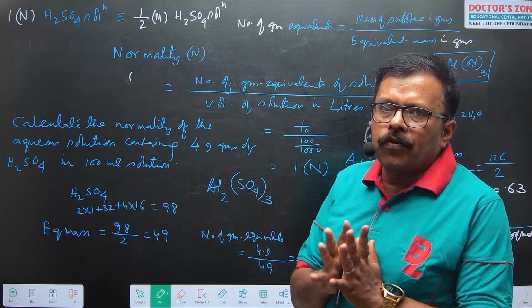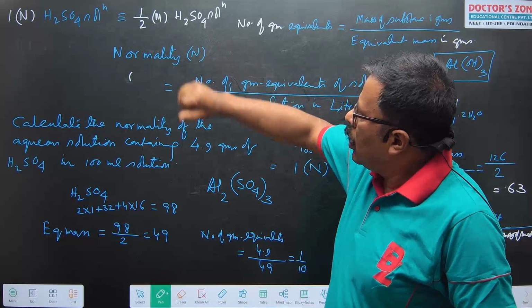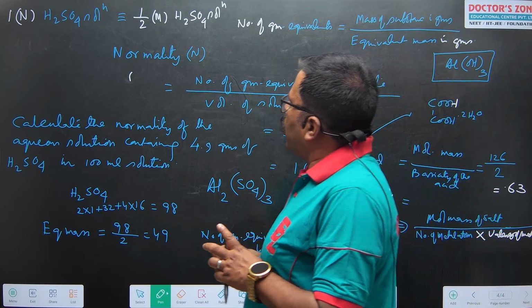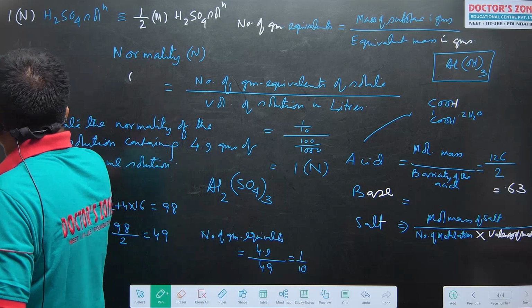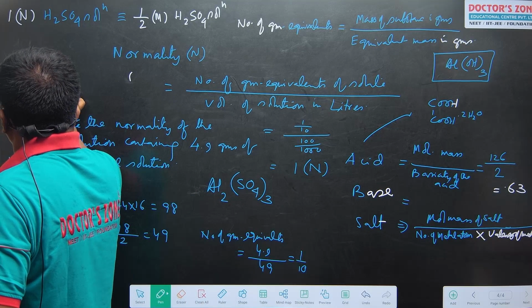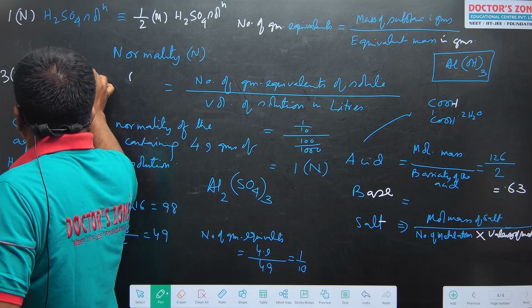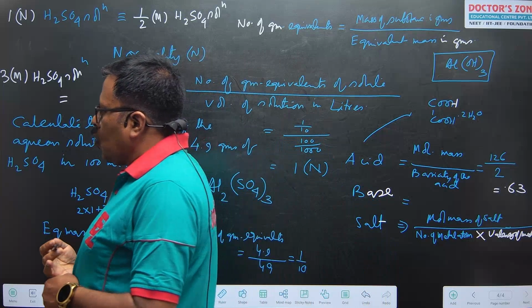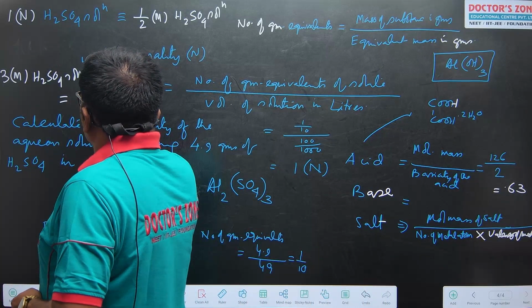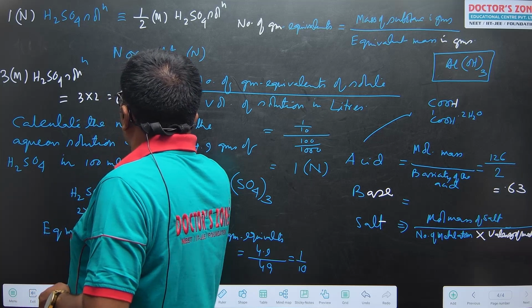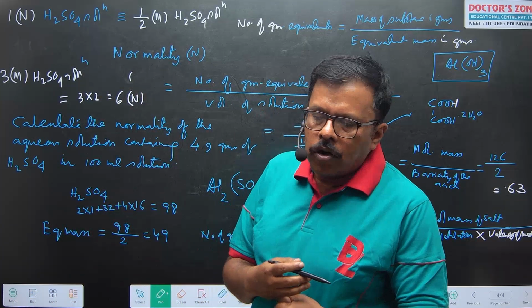Okay, you know the definition of molarity, so you will get this. And suppose a 3 molar H2SO4 solution, in normality it will be 3 into 2, 6 normal H2SO4 solution.